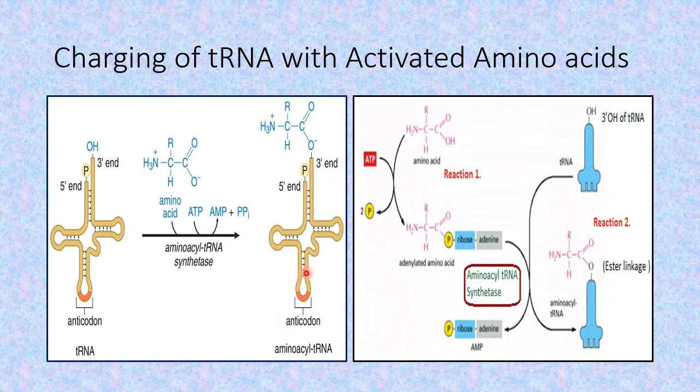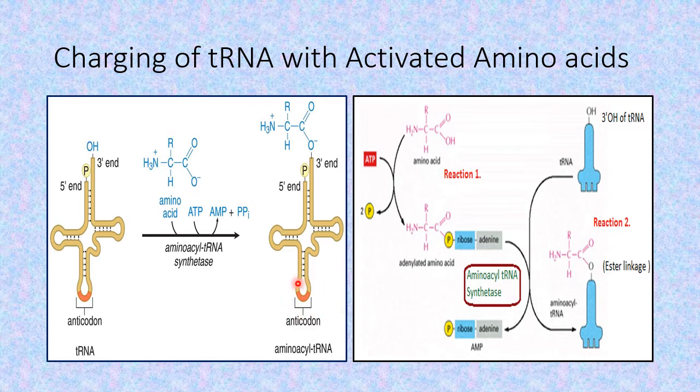Now we know that transfer RNA is a polyribonucleotide sequence with the 5' and the 3' end, and because of the presence of complementary sequences within the structure, it takes the stem loop structure.